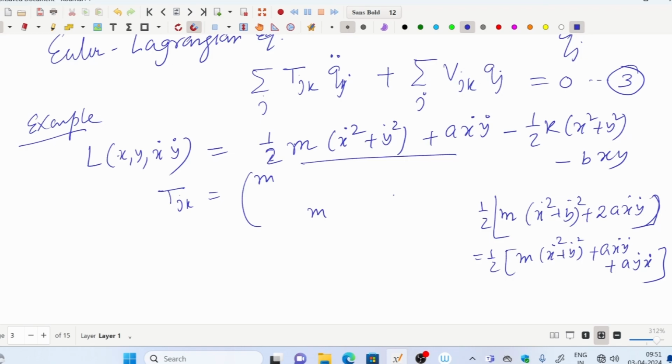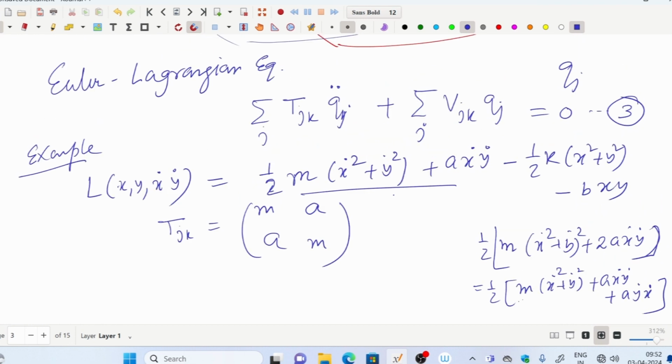This is very important when you solve problems; you will understand when we solve them. So m is in the diagonal, because the x dot square coefficient is m and the y dot square coefficient is m. Similarly, the x dot y dot coefficient is a, so it will be a here and a in the y dot x dot position. This will be the structure of your kinetic energy matrix in this formulation.